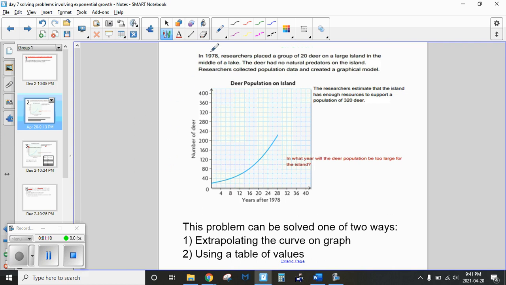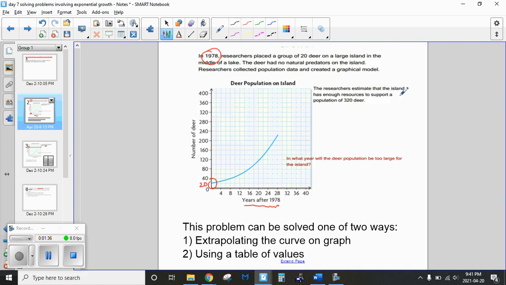It says it started in 1978. So that's what this axis label is referring to, how much time has passed since then in years. And then the y-axis is the number of deer, starting at 20, just like it says in that little blurb of text, and growing from there over time.